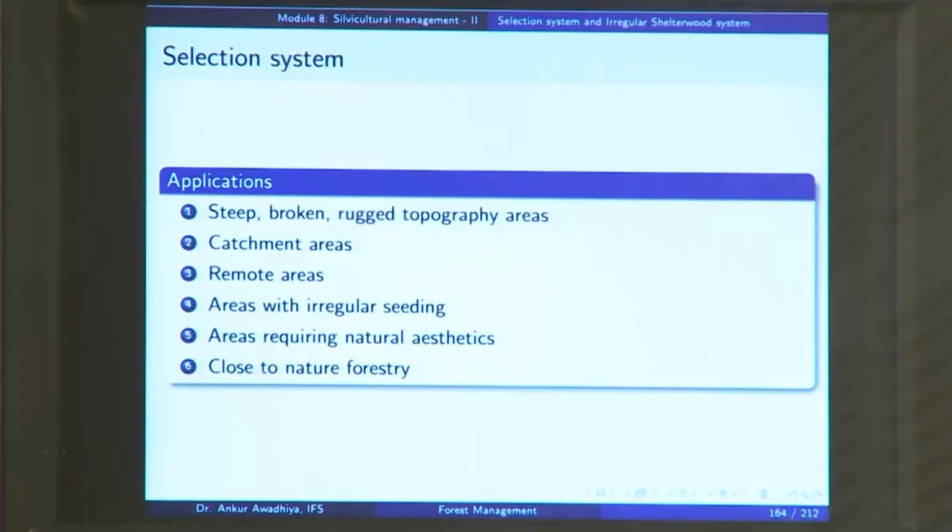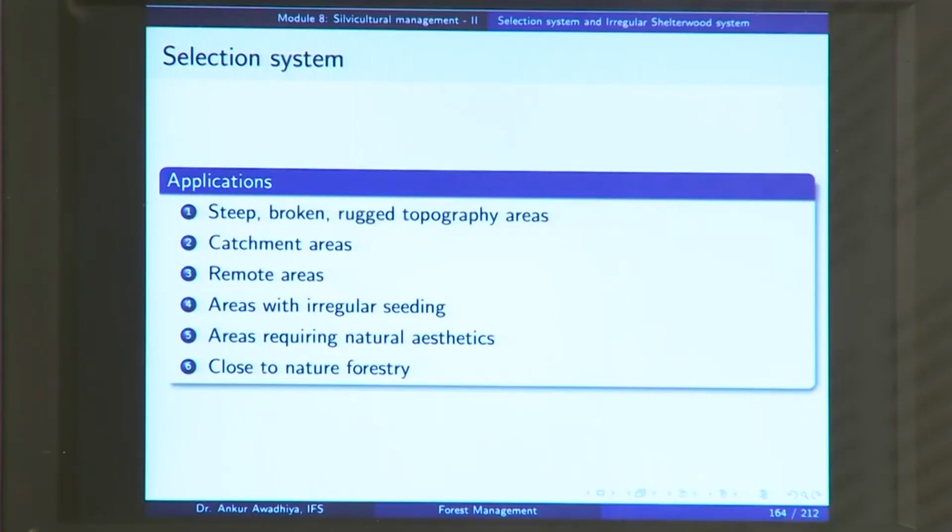But in the case of these hilly areas, it is difficult to take the machines, and so it makes much more sense to go for a selection system in place of a clear felling system, because in the case of a selection system you are only selecting a few trees at a time, and so heavy machinery is neither required nor is it essential to bring these heavy machines in the case of selection forestry.